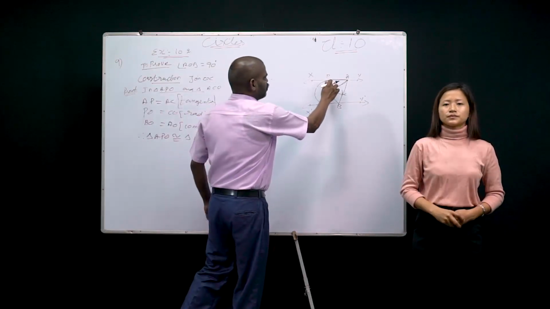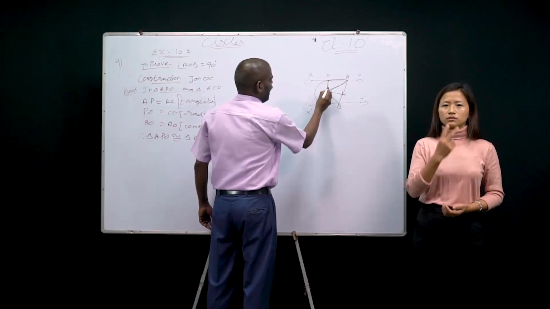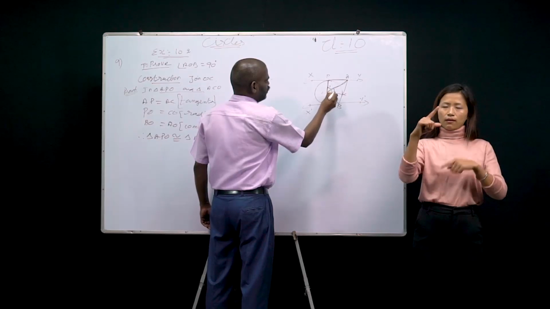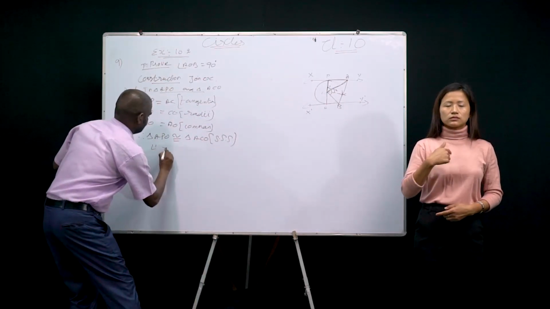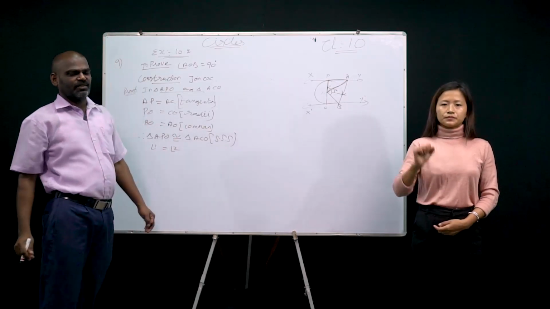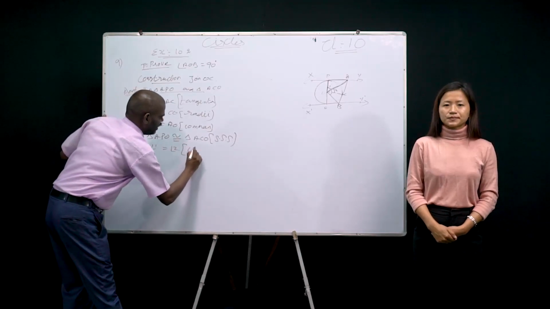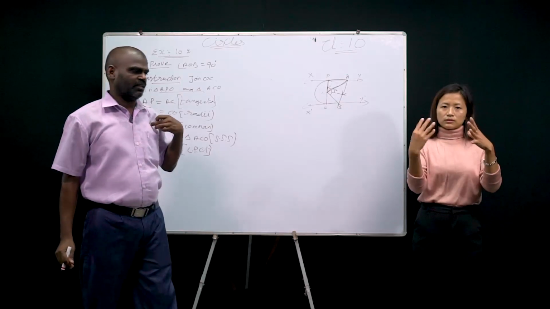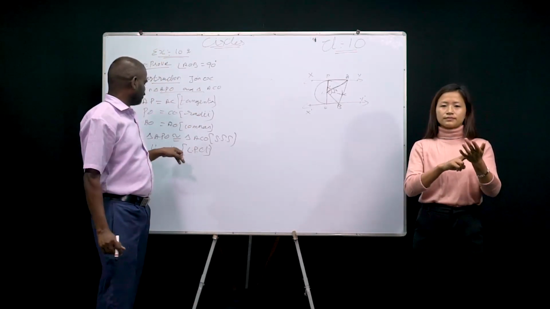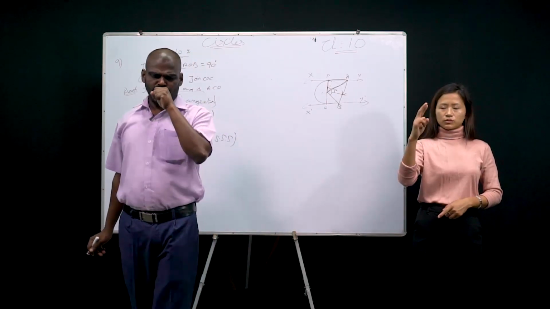If these two triangles are congruent, then look at the board: angle 1 and angle 2 equal or not? Yes. Why? CPCT, corresponding parts of congruent triangles. So angle 1 and angle 2 are equal.